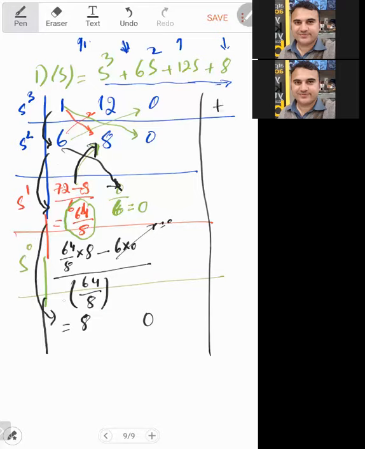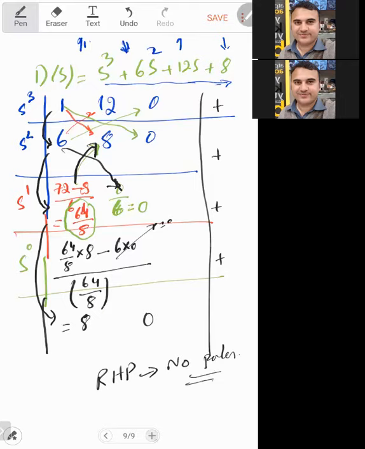So the first is plus, the second value is plus, the third value is plus, and this one, 0, is also plus. So all are positive, so there is no sign change. This means that there is no pole in the right half plane.